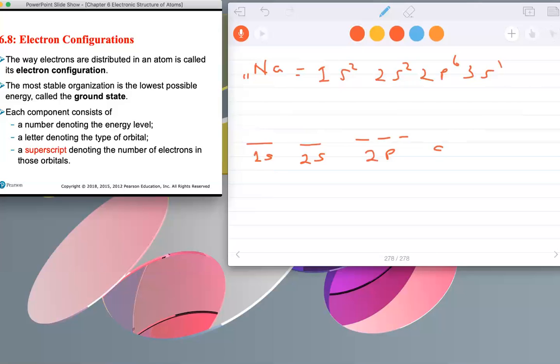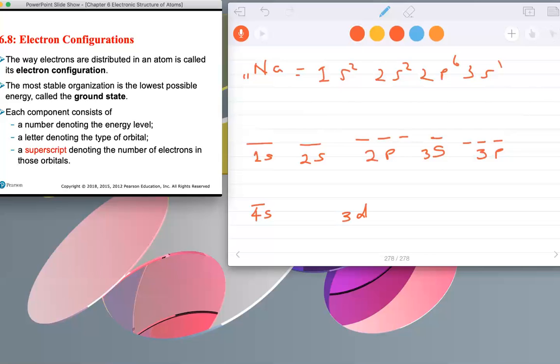If you are going to 3s, there is only 1. And then 3p has 3 orbitals. If you want to continue, after 3p is 4s, and then 3d.